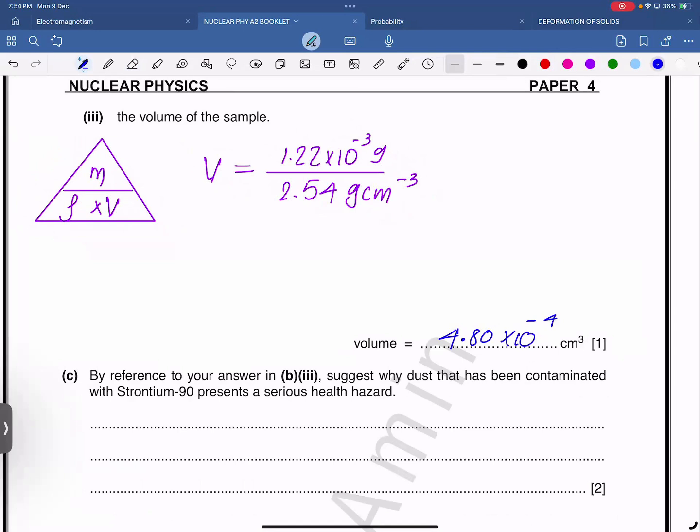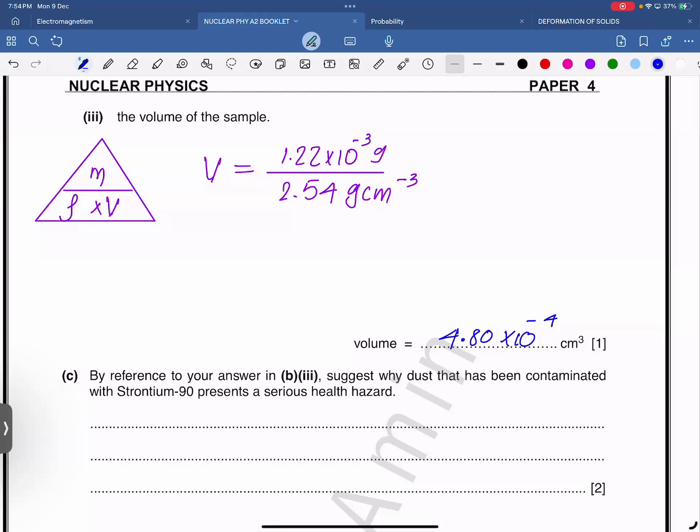Think about this volume, my dear. How much is this volume? 1 centimeter cube is like this big stack, I mean 1 centimeter length, 1 width, 1 height, right? How much is this?